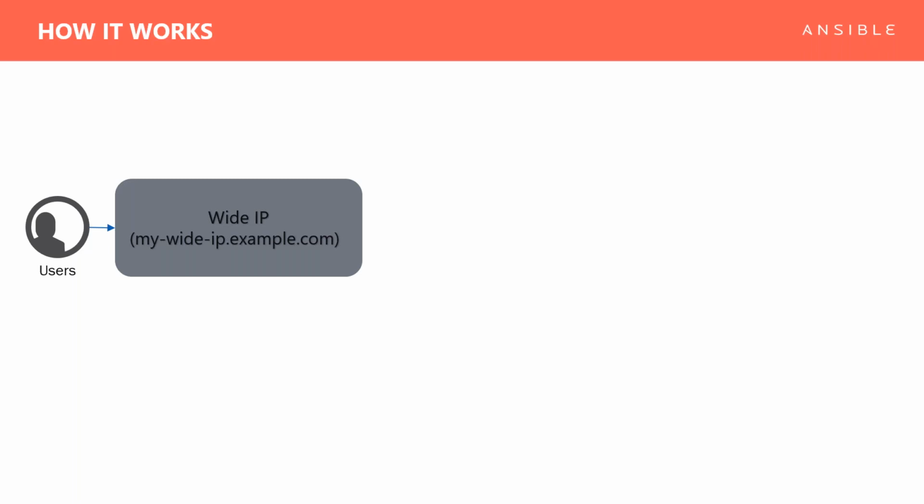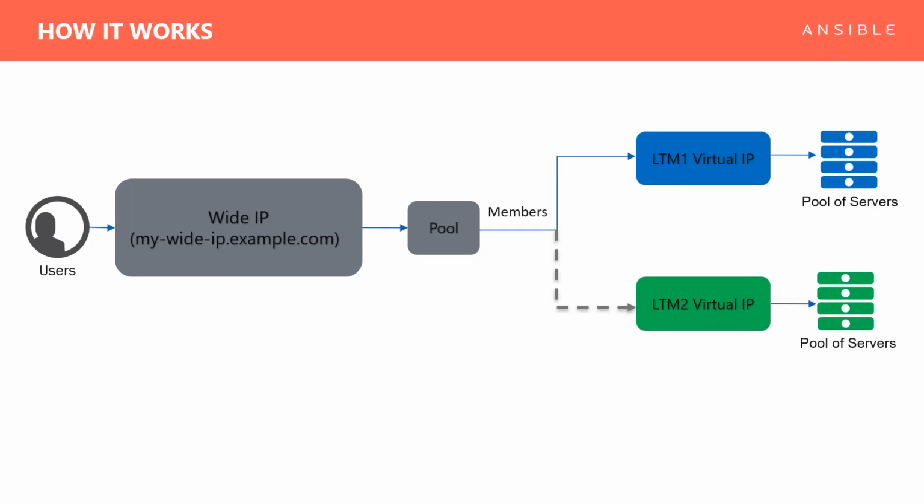Behind this URL is sitting a pool of members that is going to serve that request. And behind this pool, we have right now two members, the LTM1 virtual IP, which is the blue environment, and the LTM2 virtual IP, which is the green environment. But you can consider the green environment as dormant right now because we want all of our traffic to be going to the blue environment.